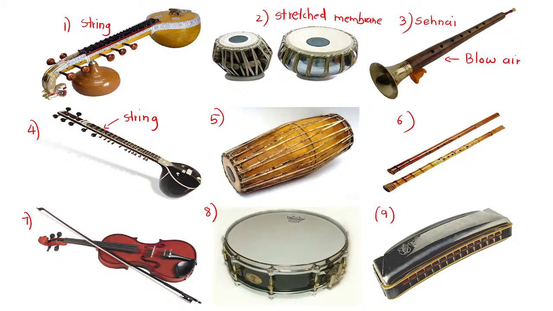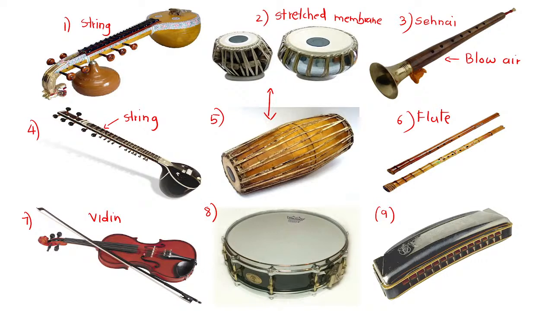The dholak, again like a tabla, both are similar, stretch membrane. What about flute? How is sound produced in the flute? Yes, flute and shehnai are similar. When you blow air, the air vibrates and produces sound. What about violin? In the violin, we know that strings are there.